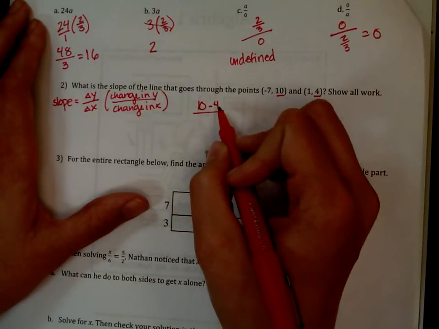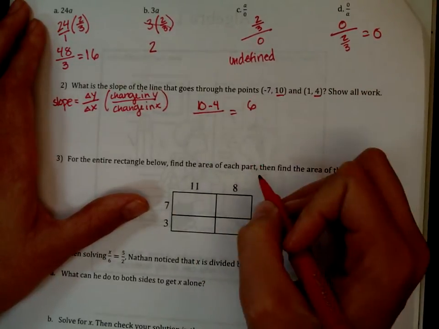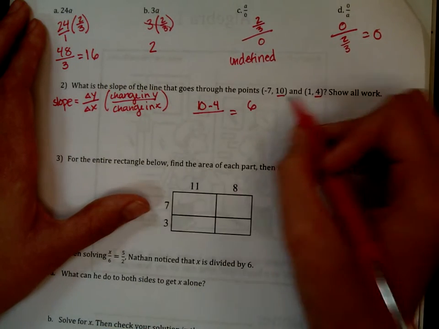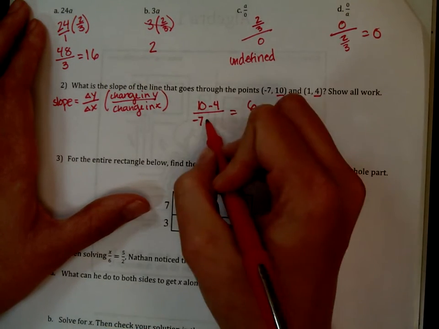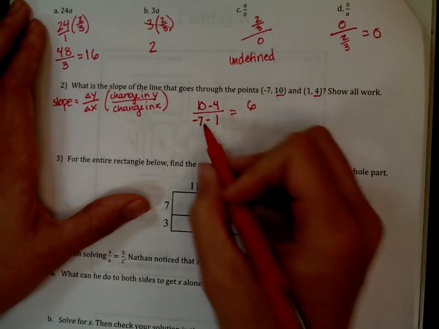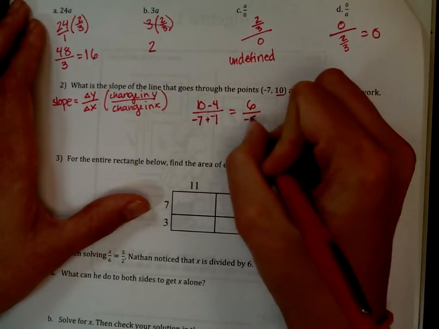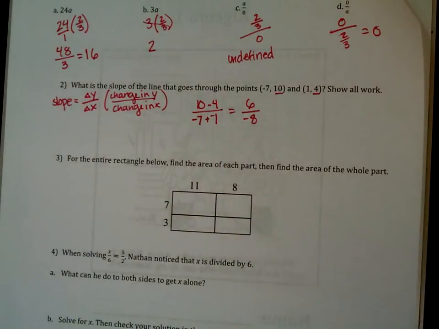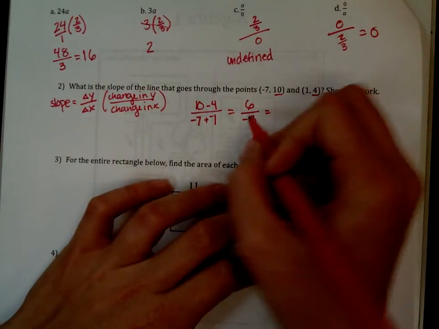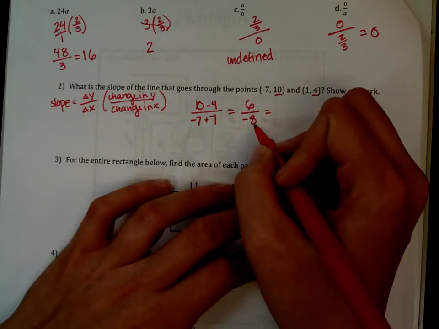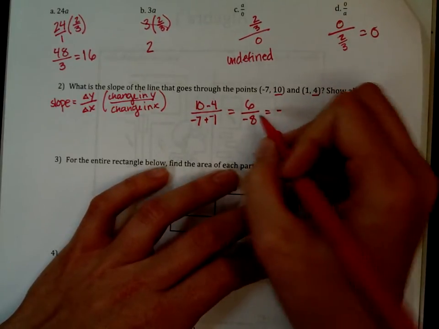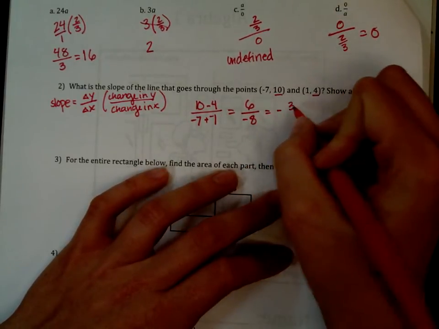We subtracted, so it changes by 6. And then the x's started at -7, and we went to 1. So the difference between -7 and 1 is -8. So our slope is 6 over -8, which is -3 over 4.